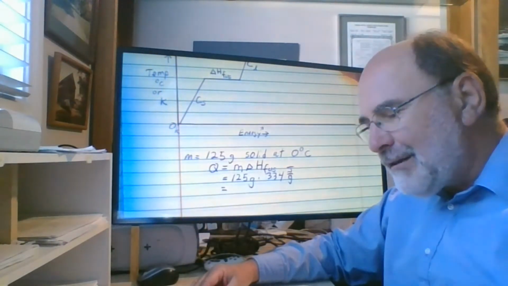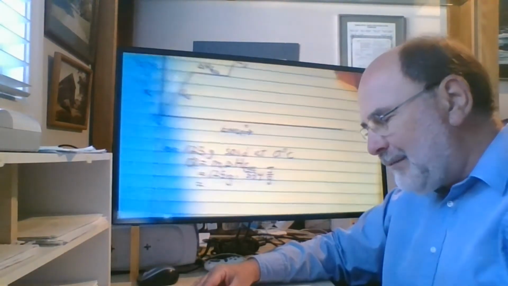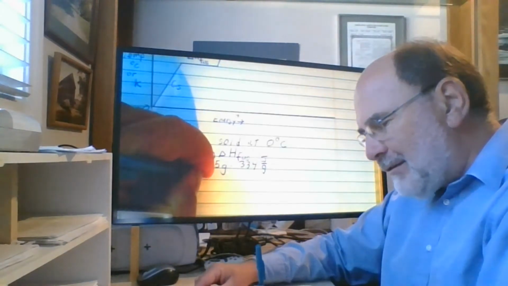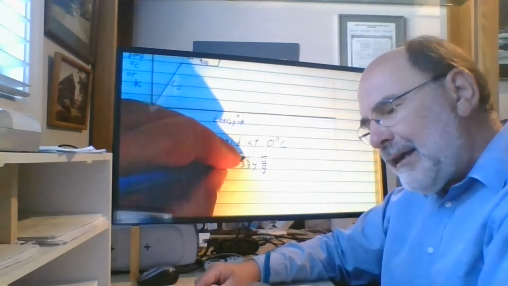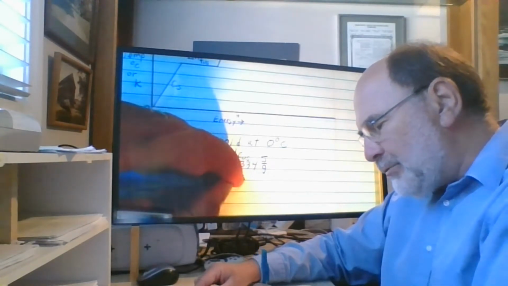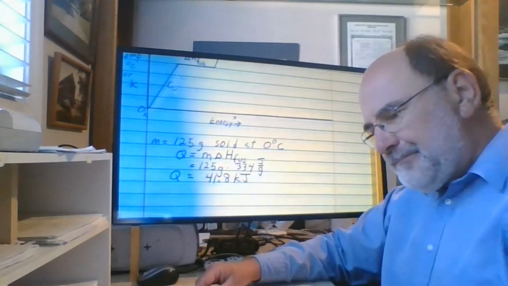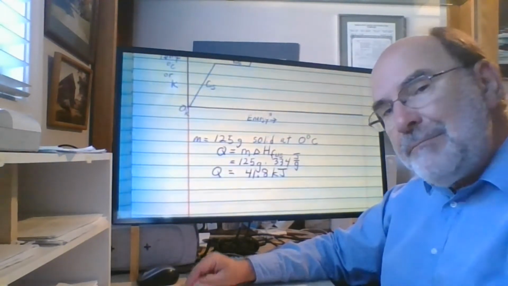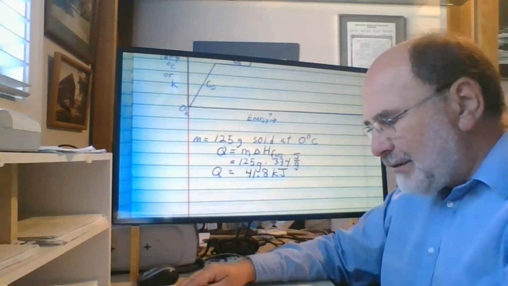And powering things up, 125 times 334 joules per gram means I would have to expend 41.8 kilojoules of heat energy to completely melt that quantity of ice. Okay, so there's my first example.